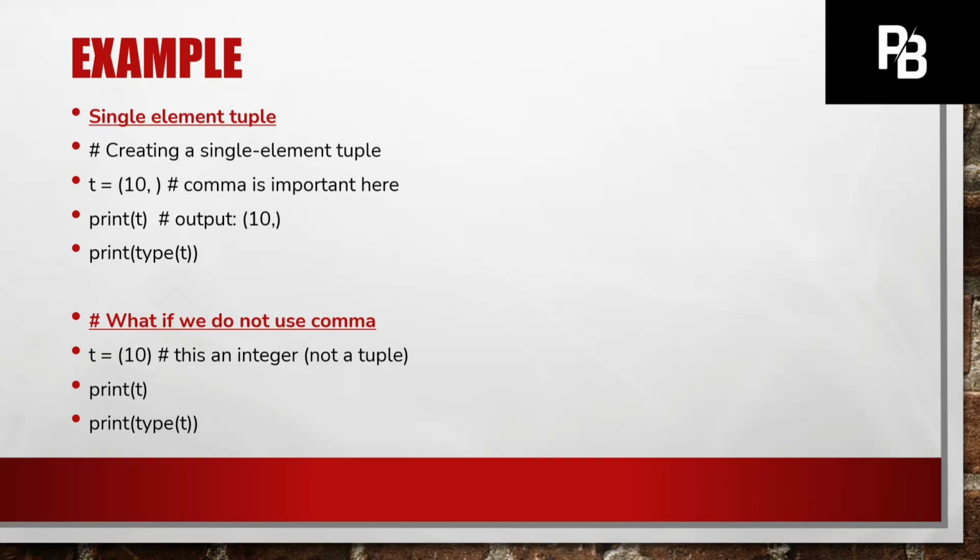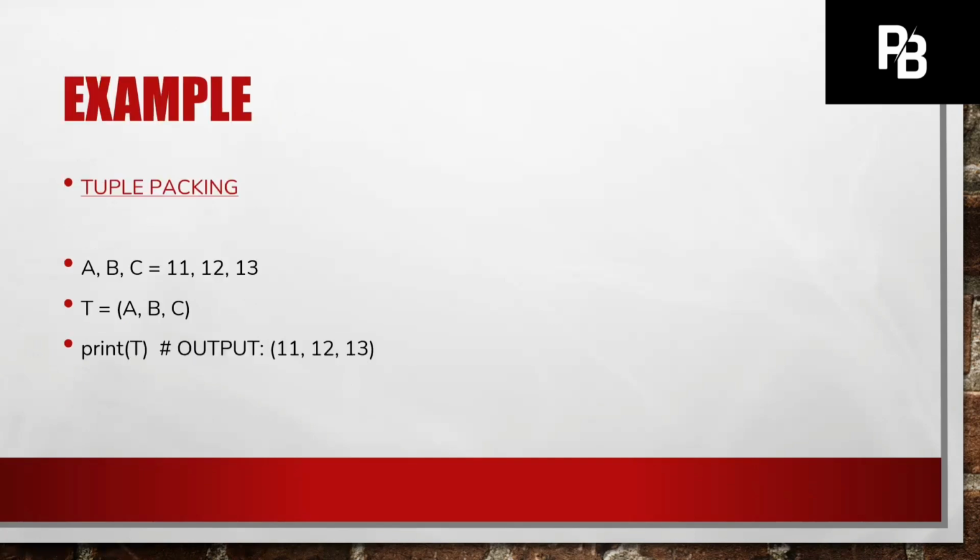If you write 10 normally, it is considered an integer. Students, any doubt in this, then please comment us. What if we do not use the comma? Then t is equal to 10 is an integer, not a tuple.